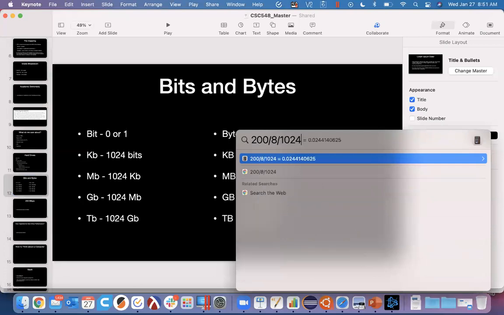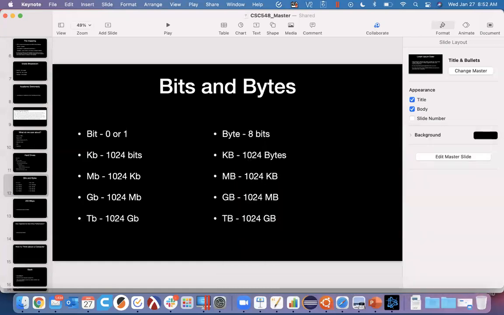Divided by 1024 gets you to gigabytes. So a 200 megabit per second internet connection has a theoretical maximum speed of 0.024 gigabytes per second. Make sense? Okay, so punchline for us, we should understand what these different things ultimately end up meaning.